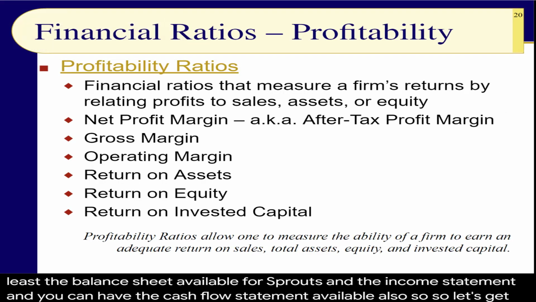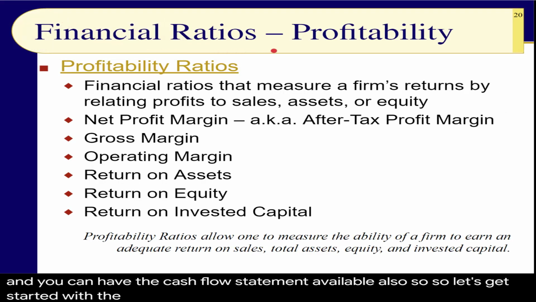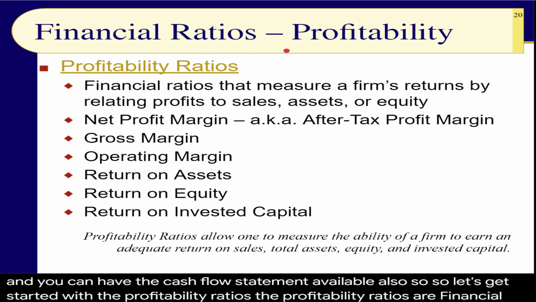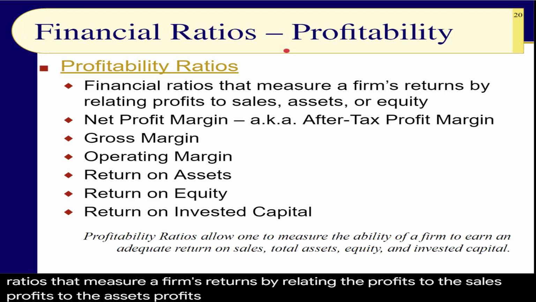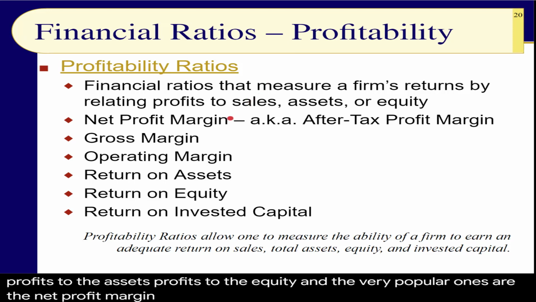So let's get started with the profitability ratios. The profitability ratios are financial ratios that measure a firm's returns by relating the profits to the sales, profits to the assets, profits to the equity. The very popular ones are the net profit margin, the return on assets, and the return on equity.